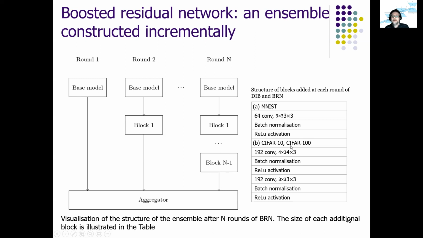Okay, and these are different kind of blocks, the blocks that we used for MNIST and the CIFAR-10. Okay, so these are the additional blocks. This is how the additional blocks look for MNIST and CIFAR-10. These are for convolutions. Okay, deep incremental boosting with convolutions. Okay. If you use residual networks, then you have to have residual connections, skip connections as well. Okay.